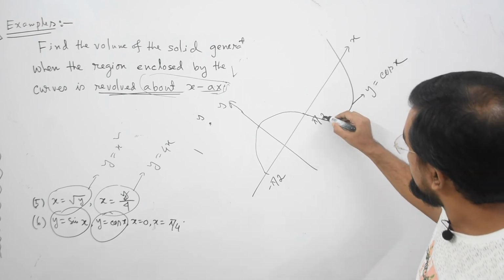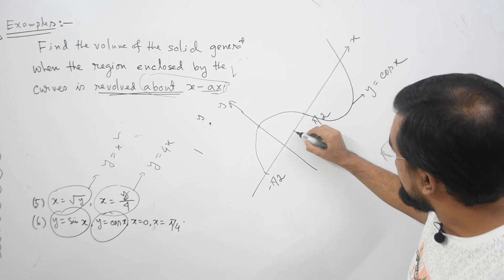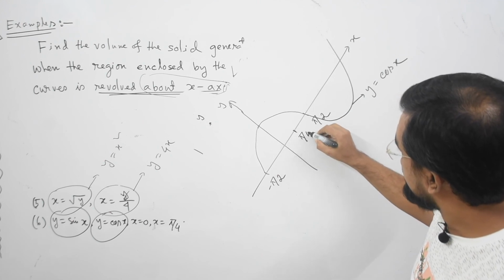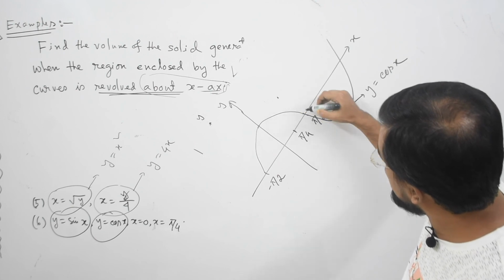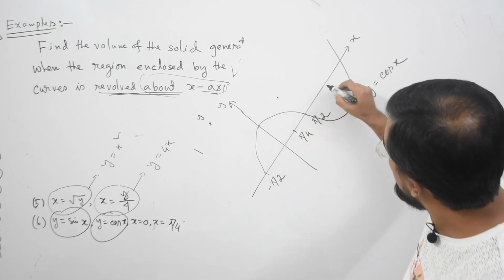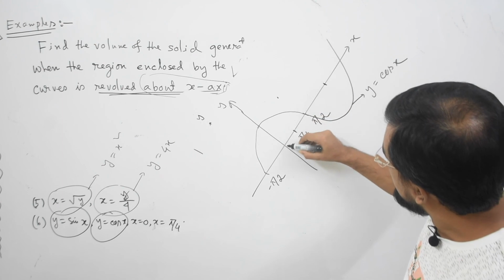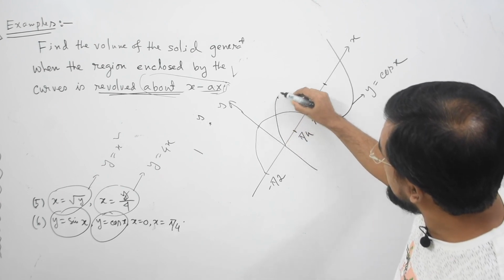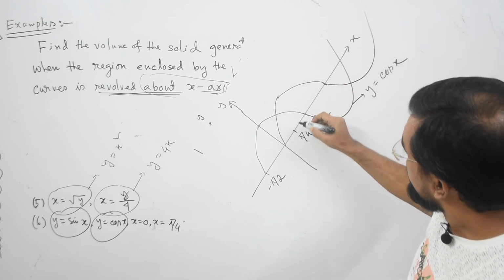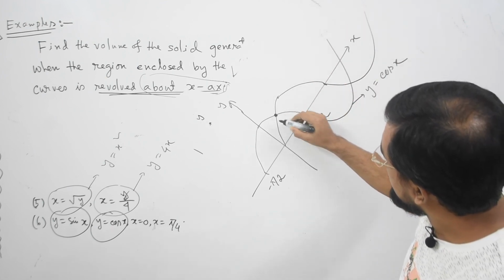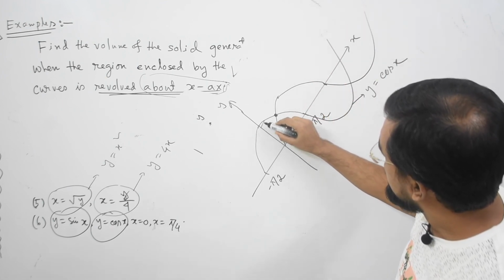And how about pi by 4 is here, the sine curve, and the sine curve will be maximum at pi by 2. So the sine curve will be like this. So at pi by 4, this is our region.